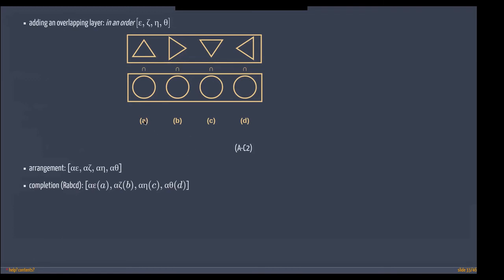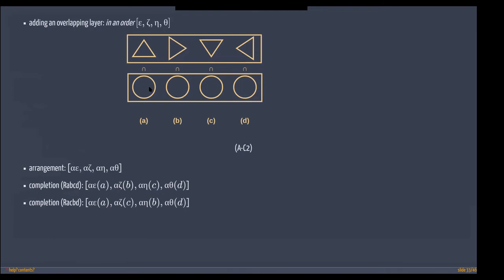But since A, for instance, is not just assigned to the position of this layer, but, as we're describing this arrangement and its completion, A is assigned to a superposition that has these 2 positions out of each layer, we can now distinguish A, C, B, D from A, B, C, D, or R, A, C, B, D from the first one, because B and C swap their assignments with regard to the superpositions.